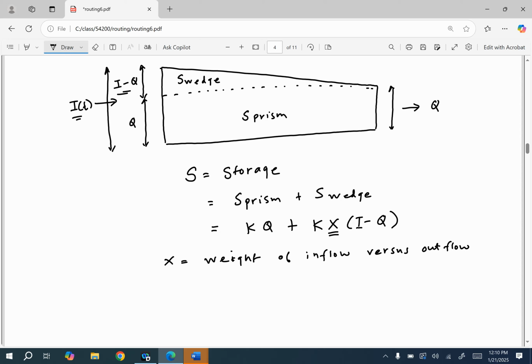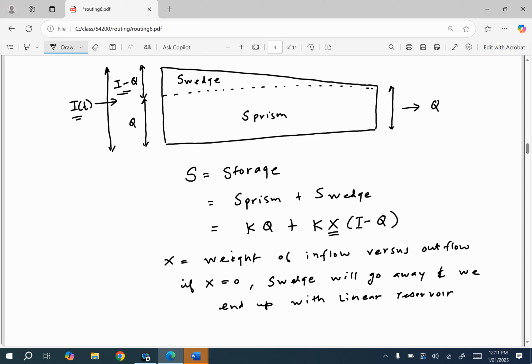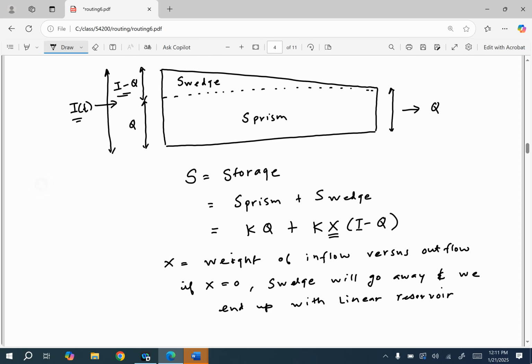Okay, and since this is a weight of inflow versus outflow, if X is equal to 0, S wedge will go away, and we end up with the linear reservoir problem. So we can think of linear reservoir as a special case of Muskingum routing where X is equal to 0.